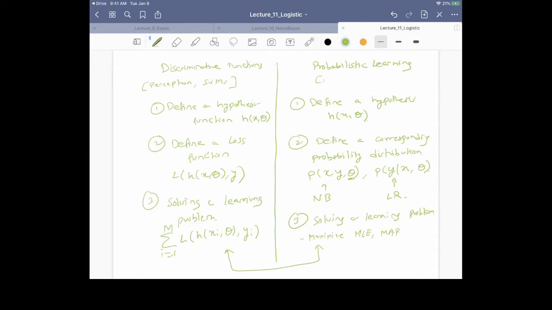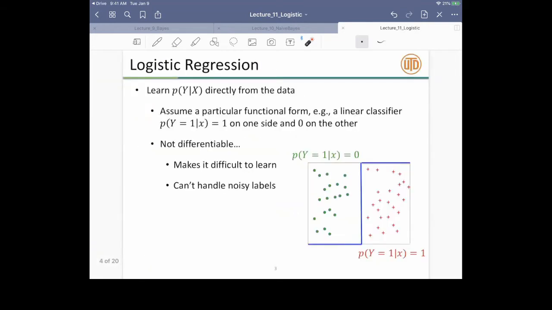Examples of the former are naive Bayes and logistic regression, and to some extent even comes in this first class. I just want to give this higher level perspective. Any questions until now?